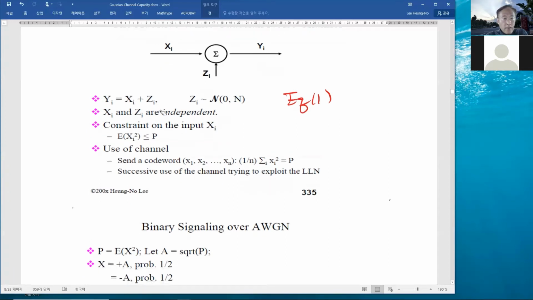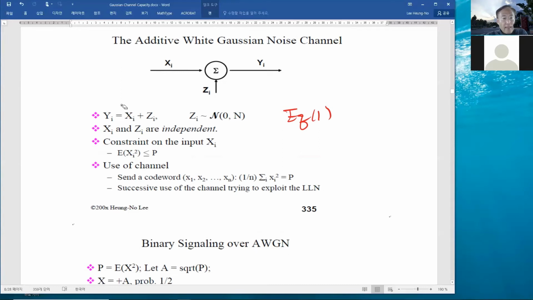Here Xi is any random variable. It could be uniformly distributed, or it could be binary distributed with the alphabet +1 and -1.